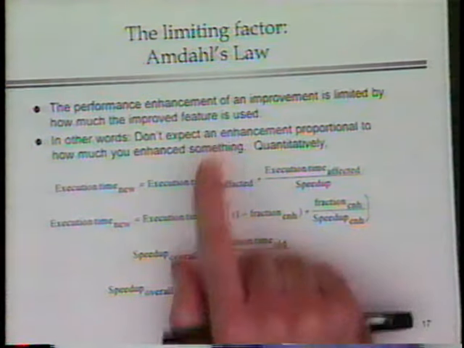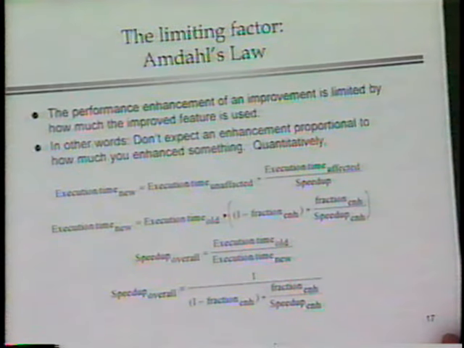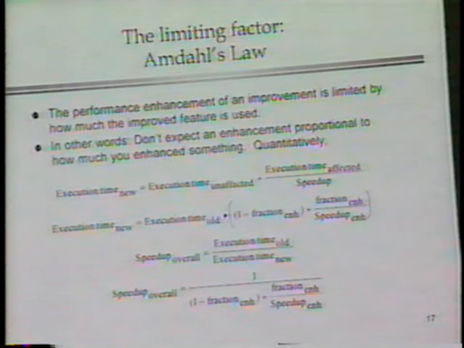But his name is also used on this law that says that the amount of improvement that you can get by enhancing a particular feature is limited by how much that feature is used. Sounds obvious, but the other way to look at it is that the amount of effect you have by making something go faster is limited by how much time that feature is not being used.